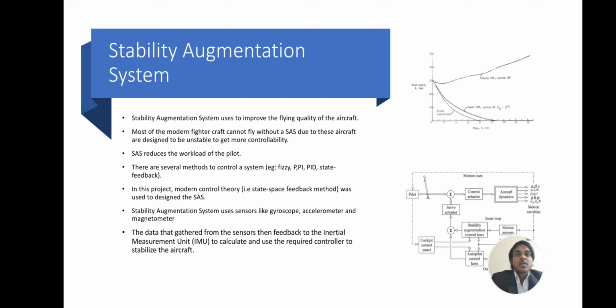The data gathered from the sensors is then fed back to the inertial navigation unit to calculate and use the required controller to stabilize the aircraft. Stability augmentation system reduces the workload of the pilot. In this project, modern control theory was used to design the stability augmentation system.